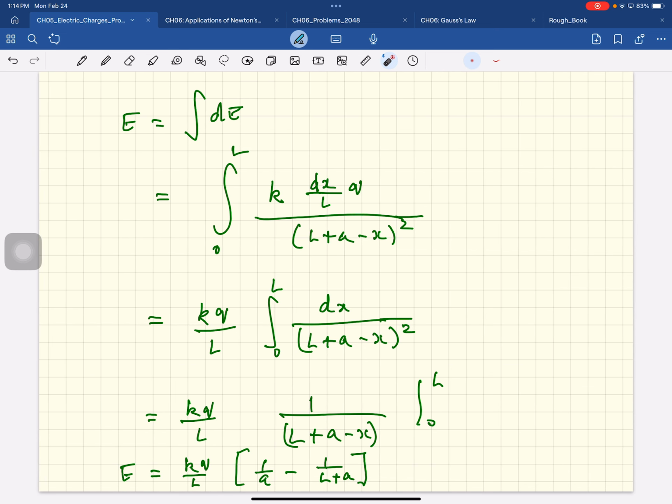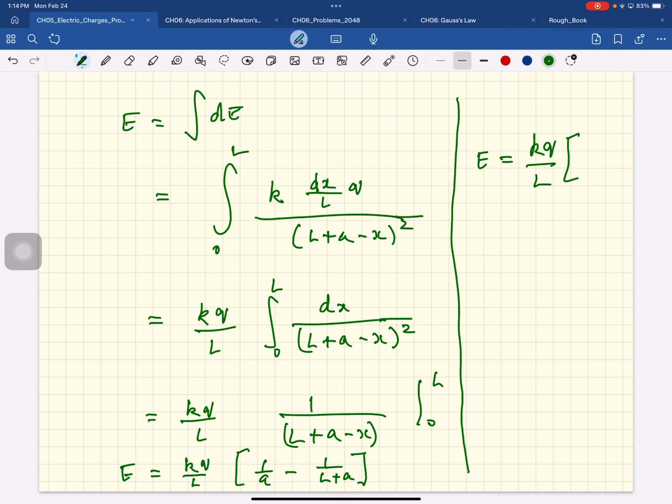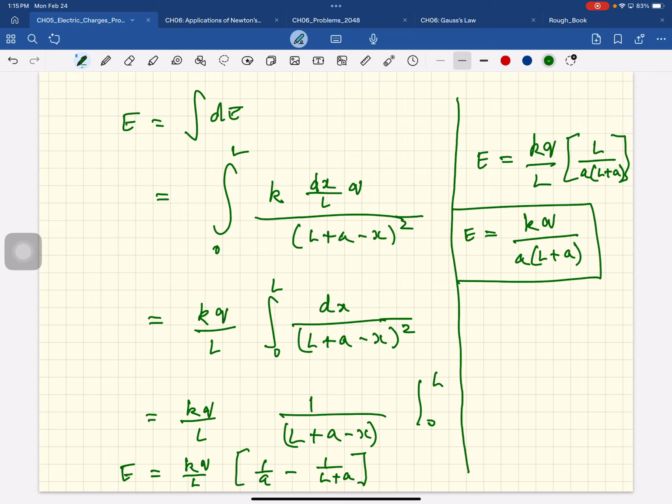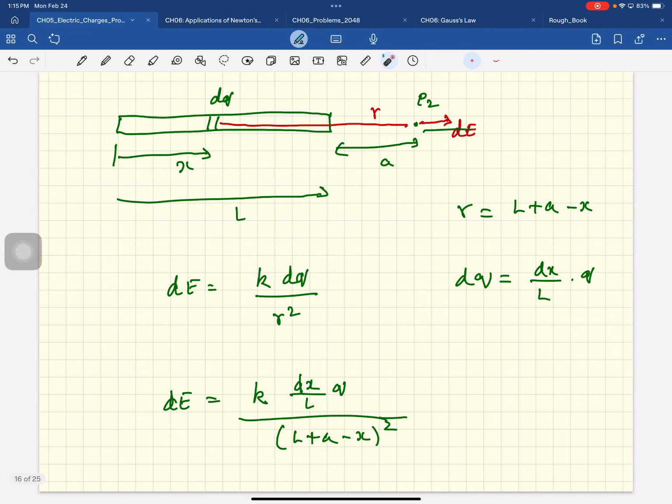Let's simplify this further. The electric field is KQ over L, times L plus A minus A, which is L, over A times L plus A. The L cancels, leaving A times L plus A. Here's a neat thing about it: in the limit L becoming 0, that becomes a point charge, and the electric field will be KQ over A squared.